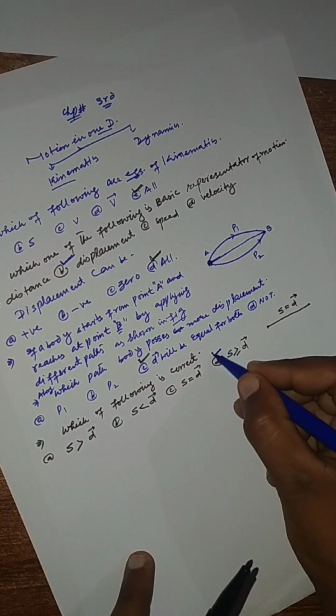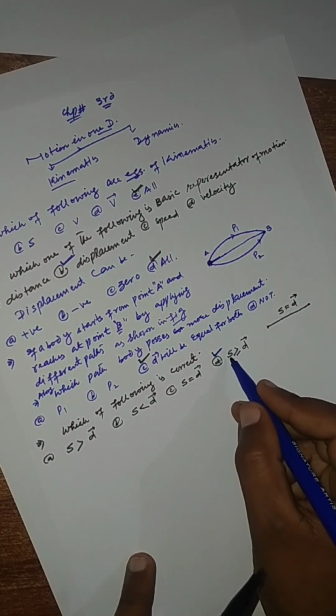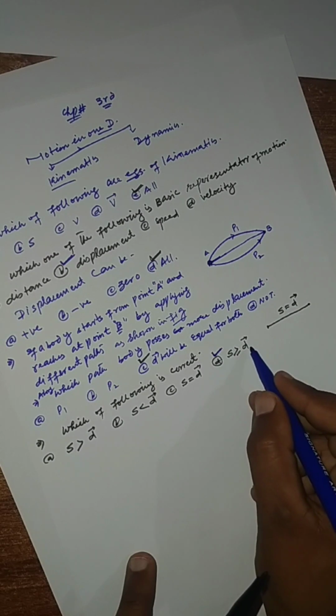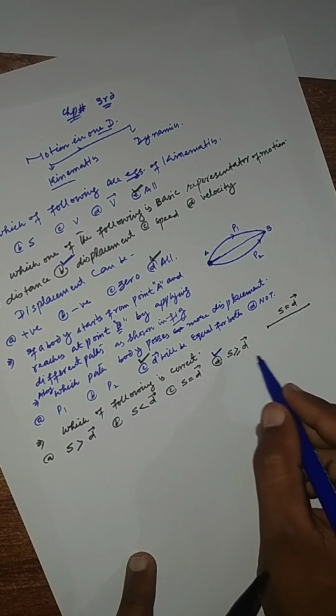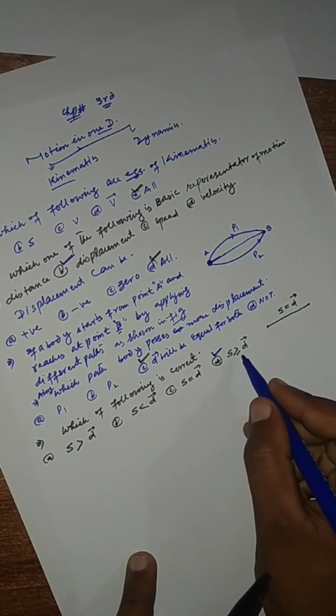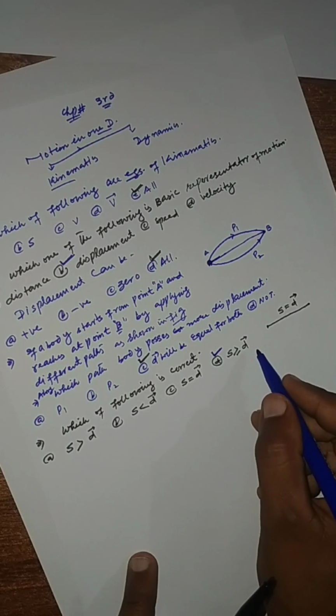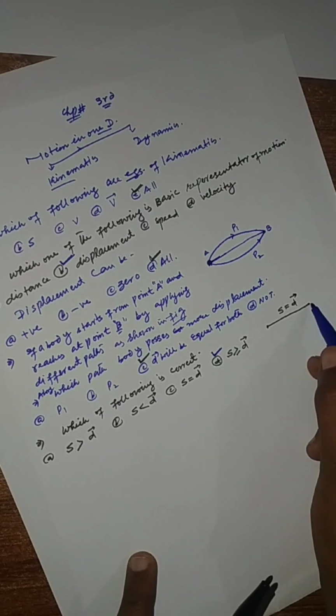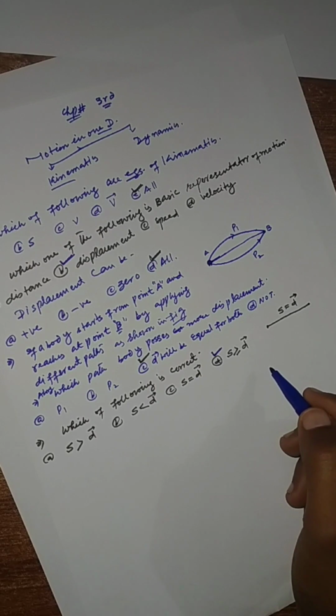So the correct answer is distance will be greater than or equal to displacement. Once again, in one condition distance is equal to displacement, when a body moves along a straight line.